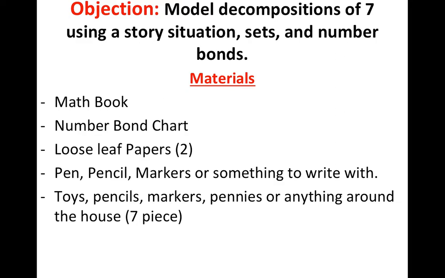The materials you're going to need are a number bond chart, loose leaf paper, math book, something to write with, and a set of toys, pencils, markers, or pennies. I have seen students use popsicle sticks, buttons, anything you have around the house, only 7 pieces of it, because that's our objective today.